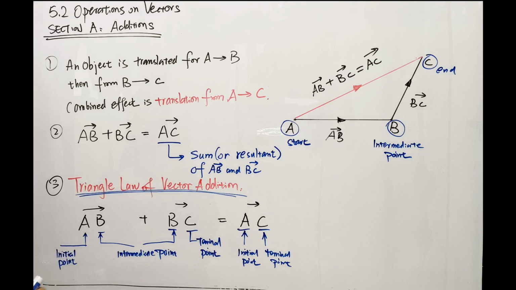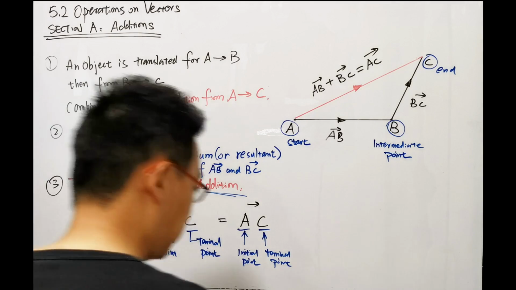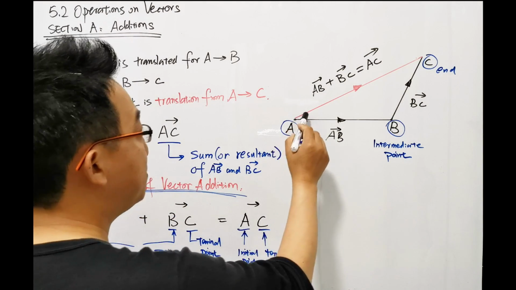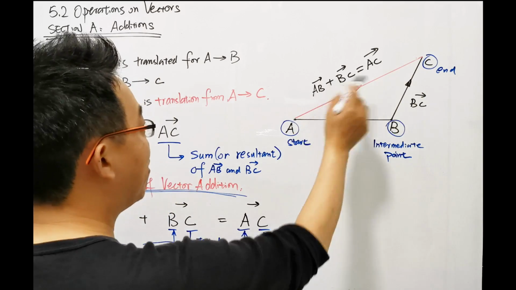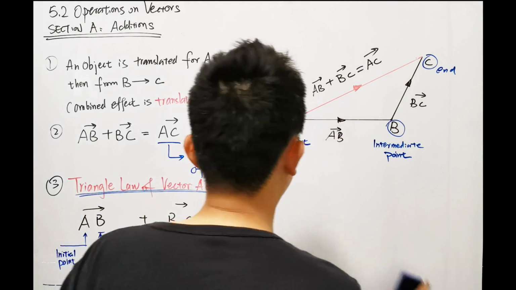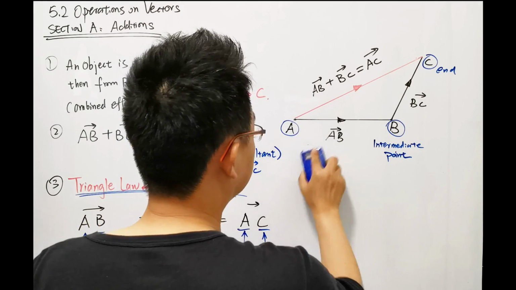Okay, so let's try another one. Can we have a different triangle? Whichever points in between A and C will have this triangle law. Let's draw another triangle.